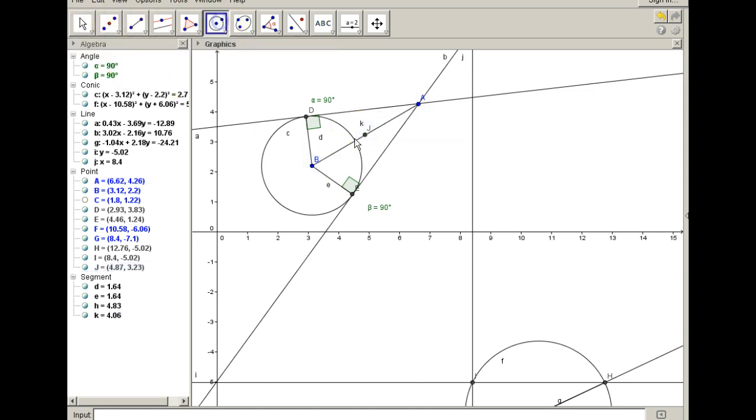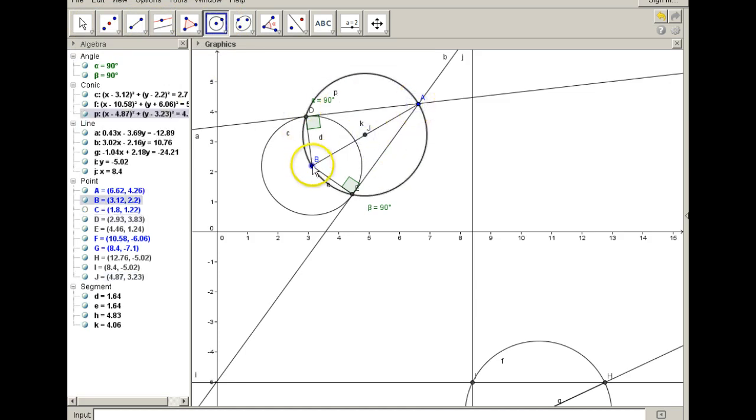Now you should see that if I were to draw a circle from the midpoint of the segment, it's going to intersect this other circle at exactly the point of tangency every single time. That's because this is one of the points that forms a right triangle for that hypotenuse that is also on this circle.